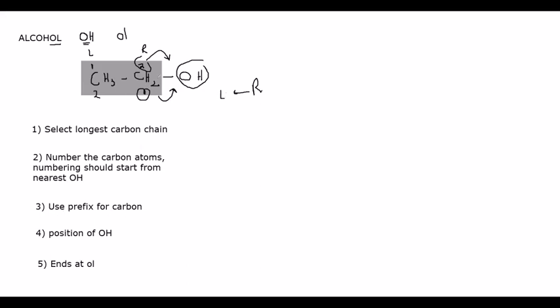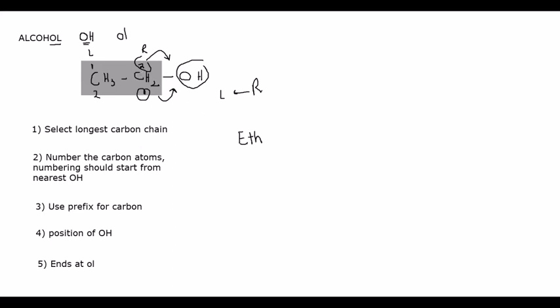Use a prefix for carbon. How many carbon atoms are in this structure? There are 2 carbon atoms, so I will use the term eth, because the prefix for two carbon atoms is eth.